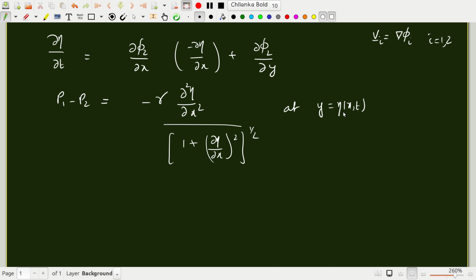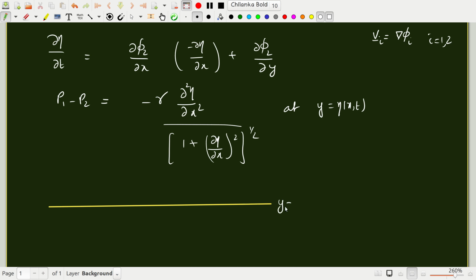Now we have to make an important simplification. Let's say this is y equal to 0, the unperturbed interface, and this is the perturbed interface, y equal to η(x,t). Now the location of this perturbed interface is unknown a priori, because it evolves due to the perturbations in the system, so we do not know where it is.